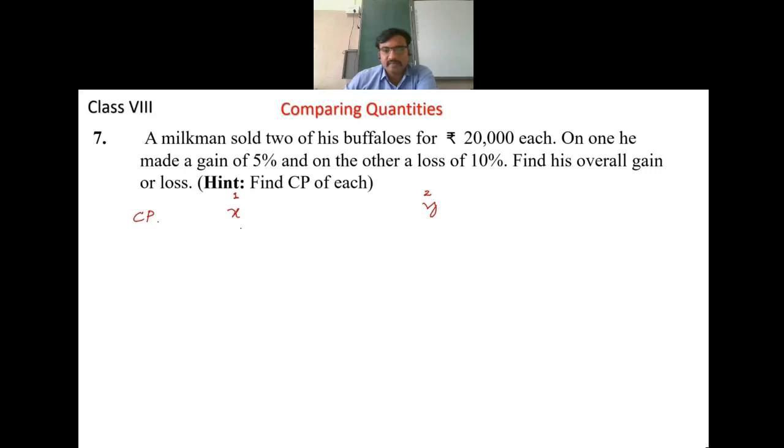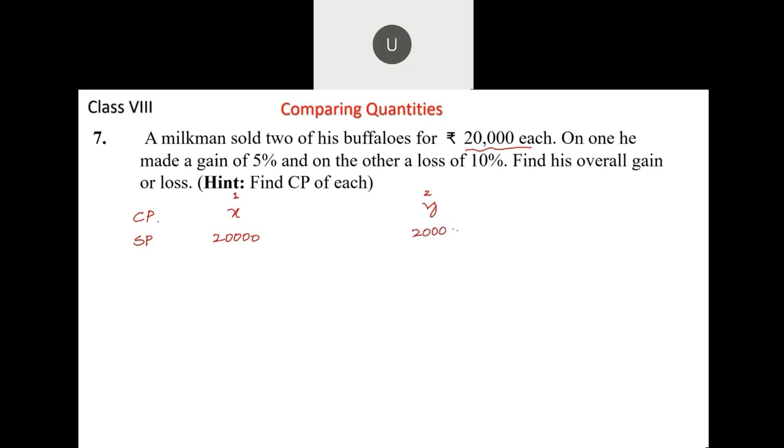Here, the selling price of both the buffaloes is 20,000 each. Selling price is the same. They have also given the gain percent as 5. Here there is a loss percent of 10.